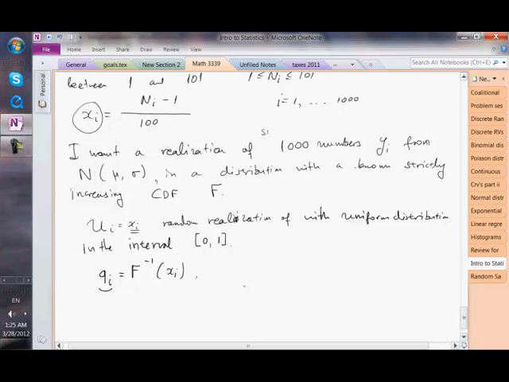The 1000 number realization from the distribution with the CDF F.